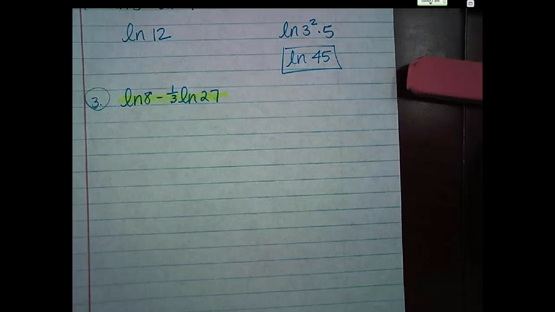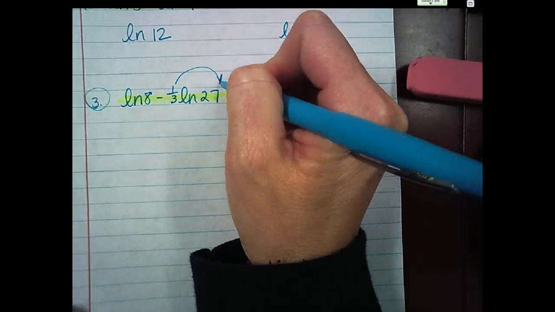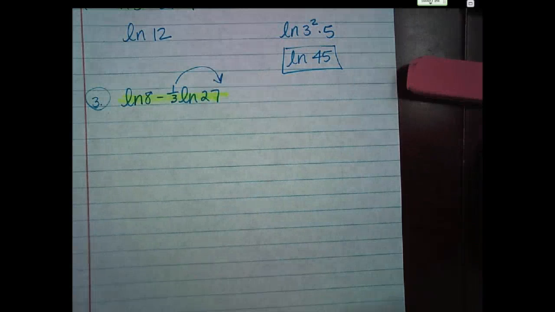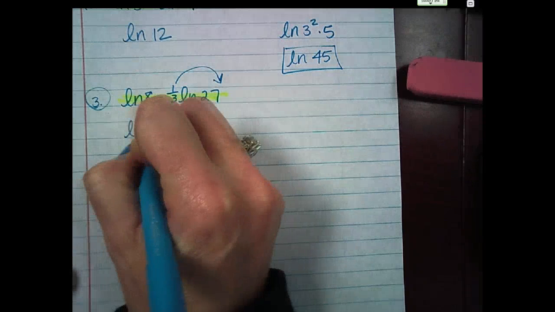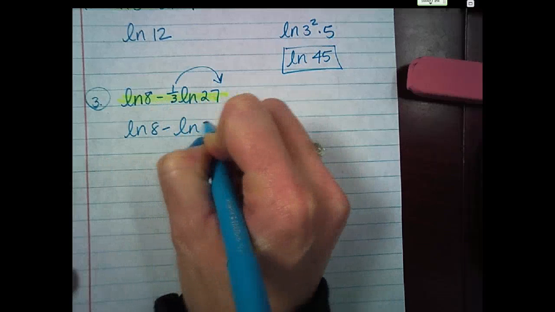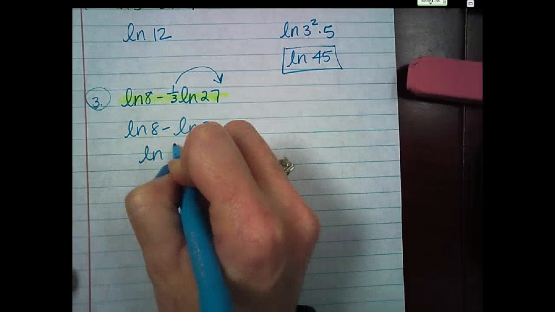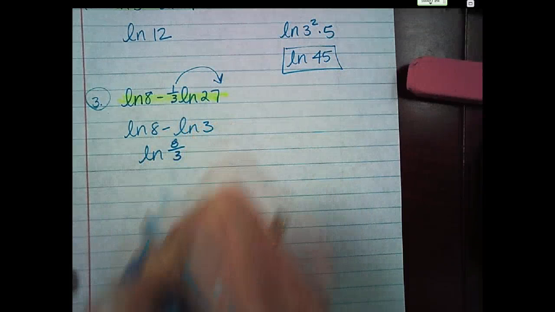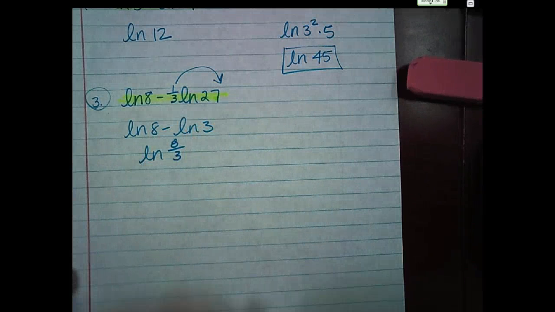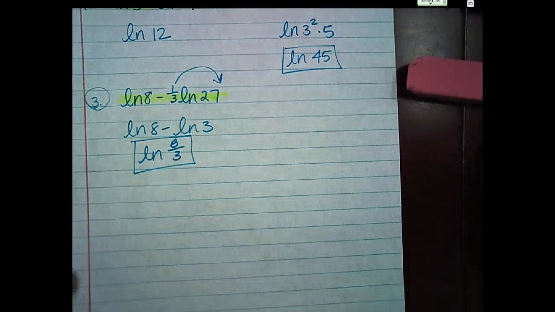So you want 27 to the 1/3 power, or the cube root of 27. So you've got the natural log of 8 minus the natural log of 3. Subtraction means division. So you have the natural log of 8 divided by 3. And you can just leave it like that because that's what it was asking for.